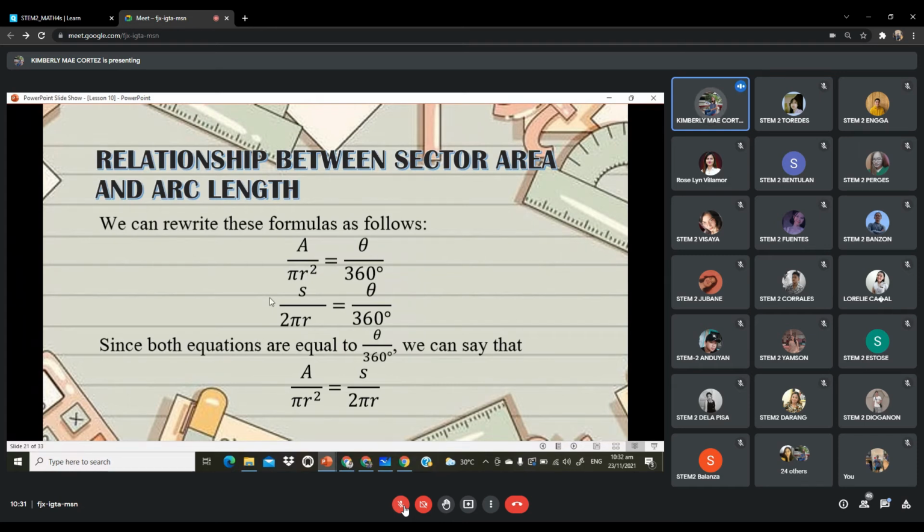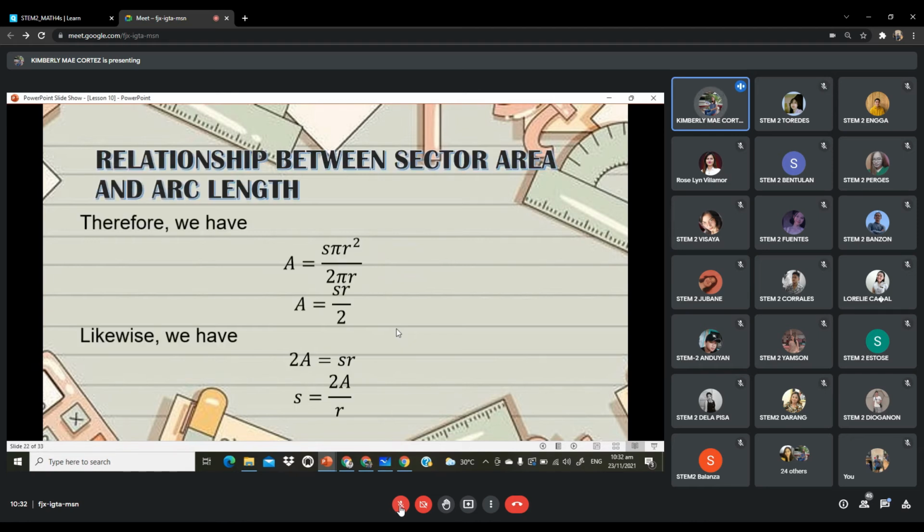Same as arc length: S over 2 pi r equals theta over 360 degrees. Since both equations are equal to theta over 360 degrees, the area over pi r squared and S over 2 pi r are equal.